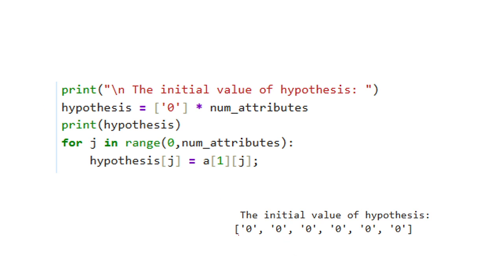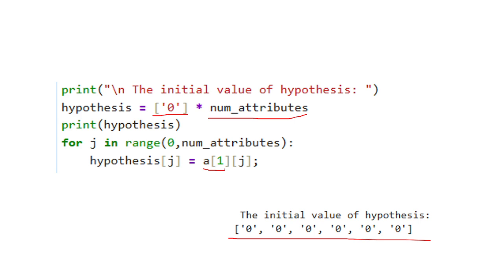Next step, our first step, is putting 0 for all the attributes. There are 6 attributes, so you repeat 6 times, putting 0 in the list. So all the values are 0, print them. Next, for j in range 0 to attributes. In A, all the data of the CSV file is there, get the first row.